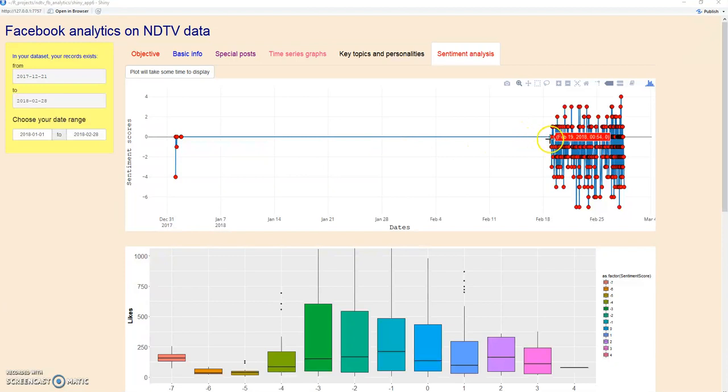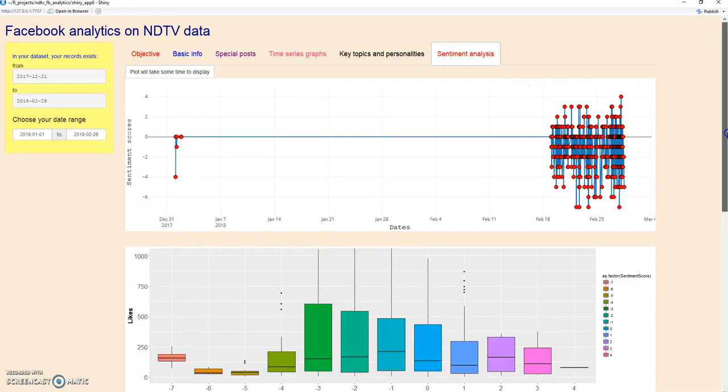And from February 19th onwards, you see a lot of news that NDTV has shared on Facebook that is basically of negative sentiment, meaning that these are bad news. So they're not exactly very encouraging news that have been shared.